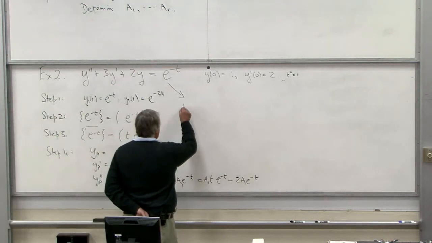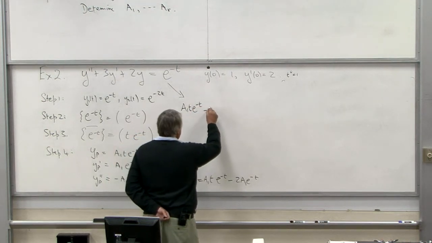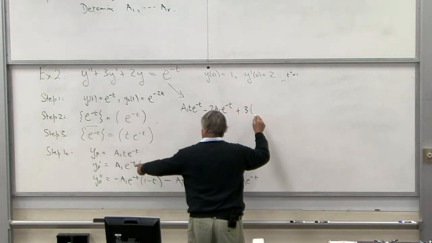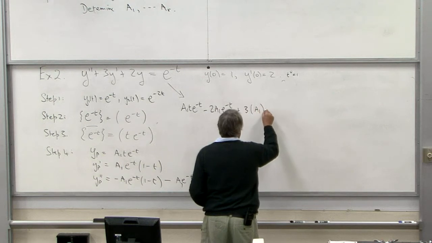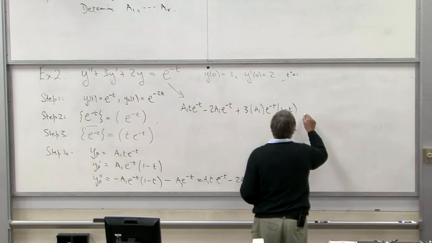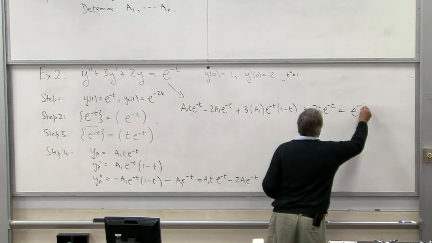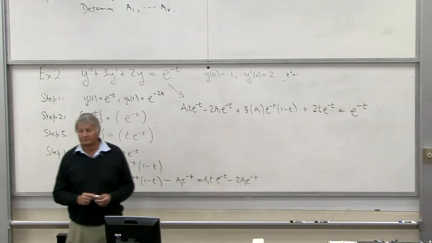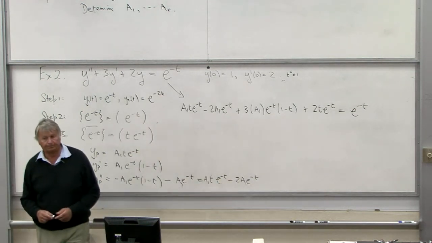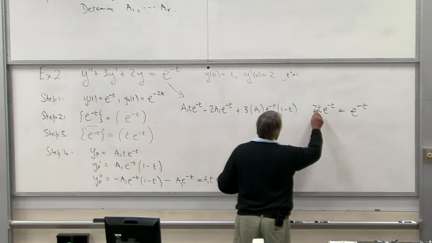So I get a1 times t e to the minus t minus 2a1 e to the minus t, plus 3 times a1 times e to the minus t times 1 minus t, and then plus 2 times t e to the minus t. And that's got to be equal to e to the minus t. Plus 2a1, yes, thank you very much.